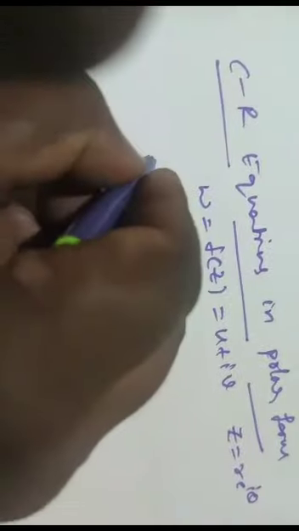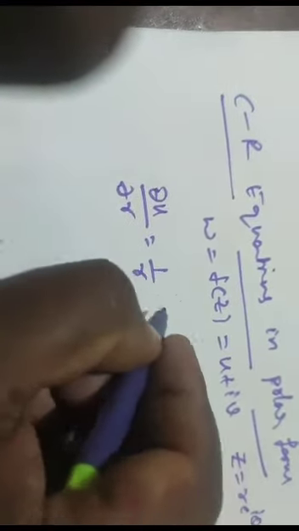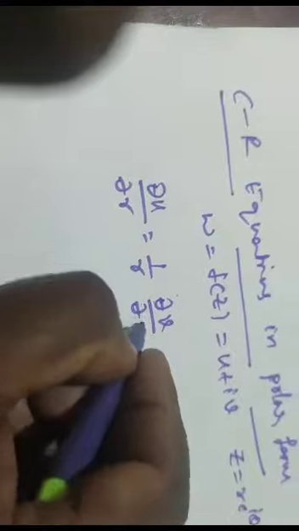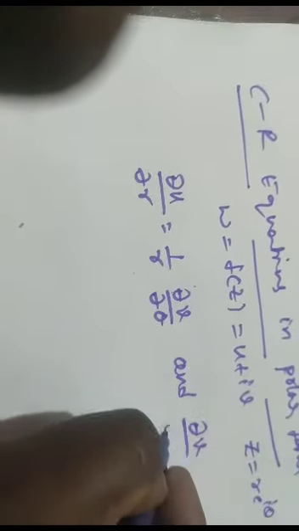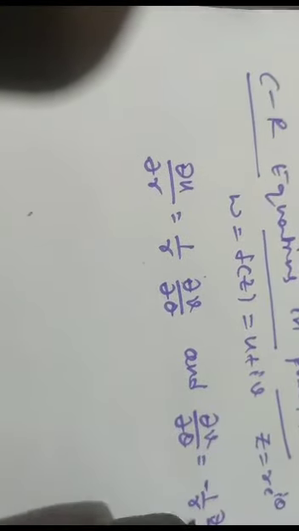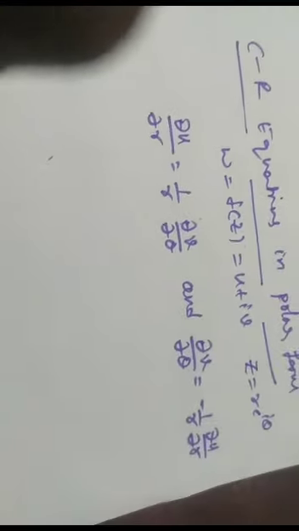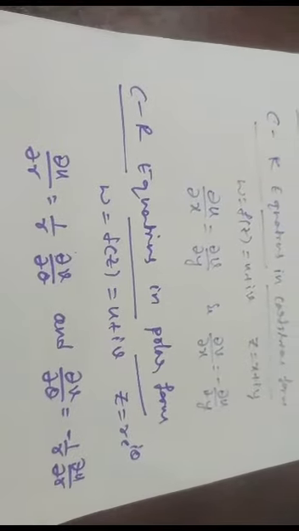What are our CR equations? Dou u by dou r equal to 1 by r times dou v by dou theta and dou v by dou theta equal to minus r times dou u by dou r. These two are Cauchy-Riemann equations in polar form. So next we will go to the problems.